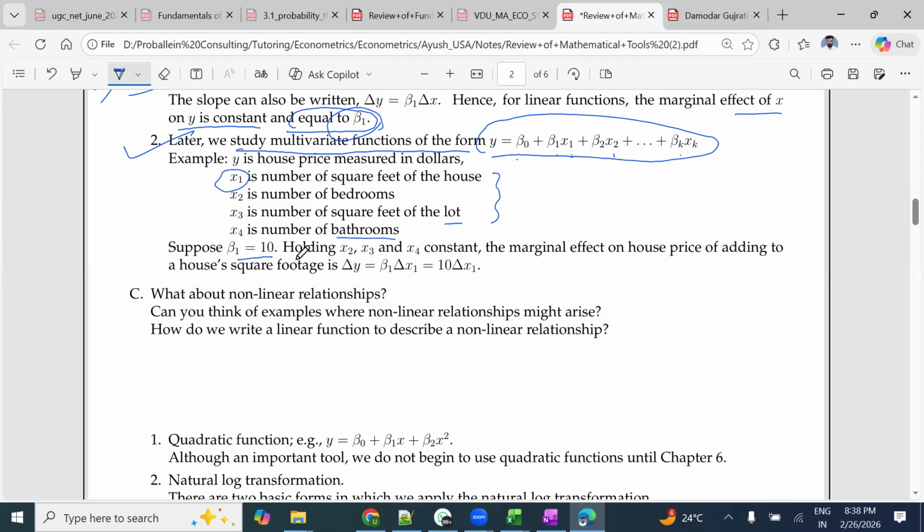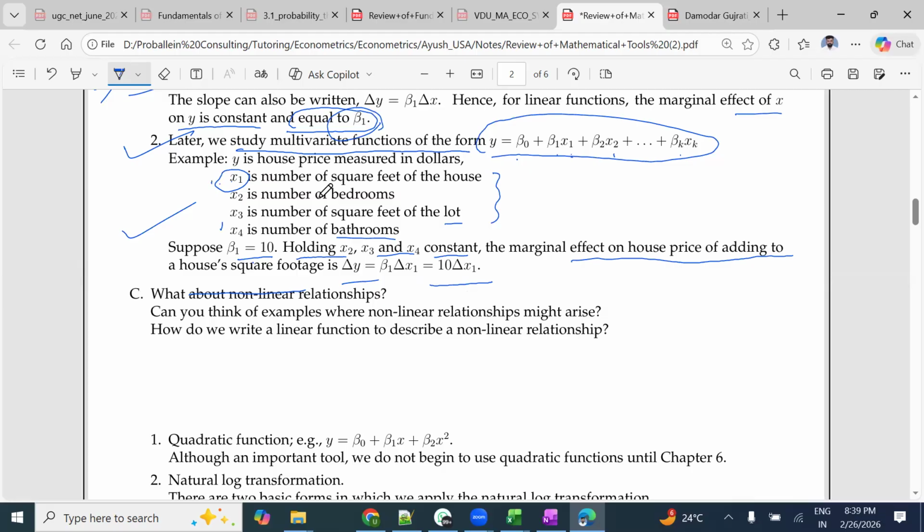So you will say, holding x2, x3 and x4 constant, the marginal effect on housing price of adding to a house's square footage is delta y equal to beta 1 times delta x1, that is 10 times delta x1. Is it clear, Bhakti ma'am? Yes, sir, clear. Even though there are other independent variables, we only focus on the variable which we are trying to interpret.